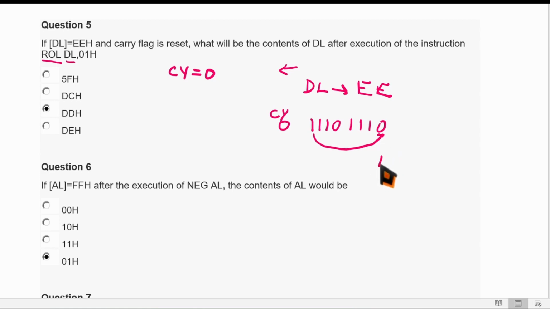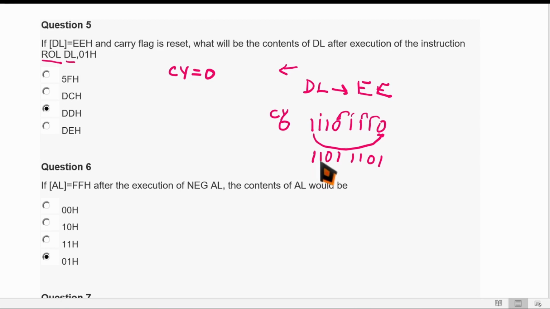So the first one will be 1, and the 0 will come here, and this 1 will come here, this one will come here, and this one will come here, this 0 will come here, and this one will come here, and this one will come here.